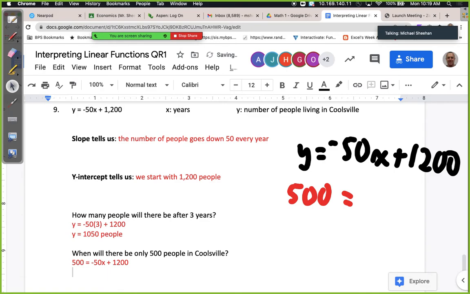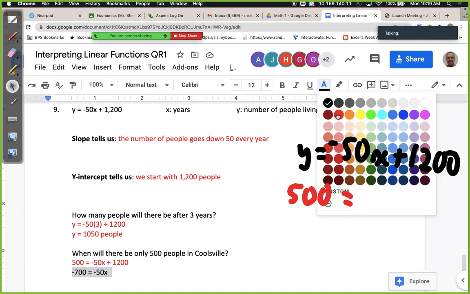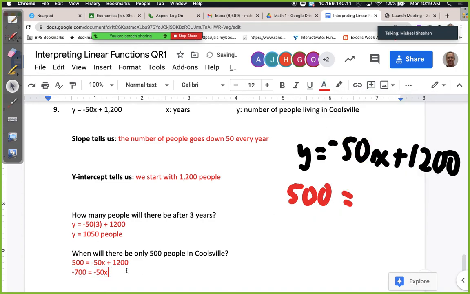What do I do now? We have to minus 1200. Very good. So 500 minus 1200 is negative 700. Now we're going to divide negative 700 by negative 50, and that's going to give us 14.